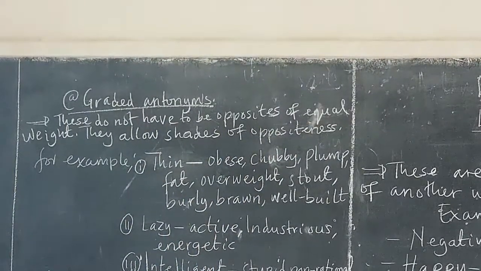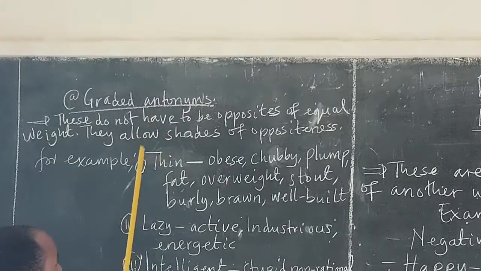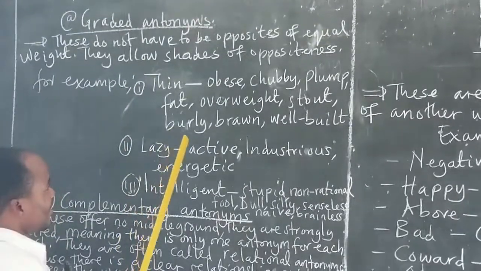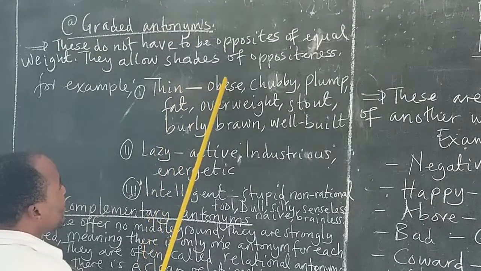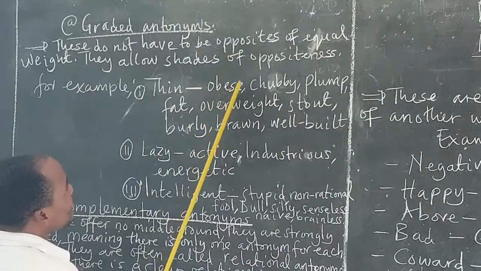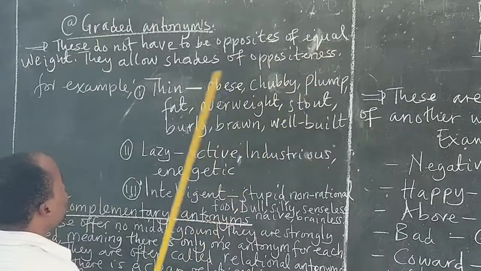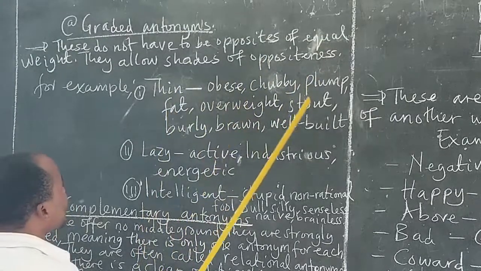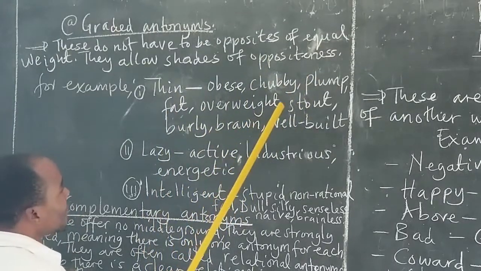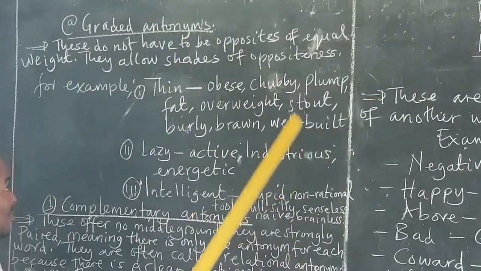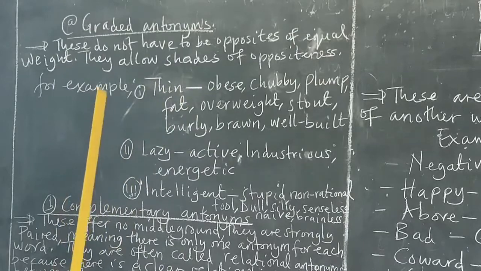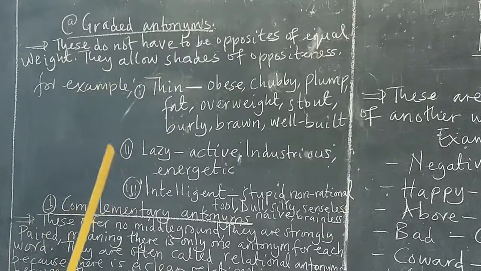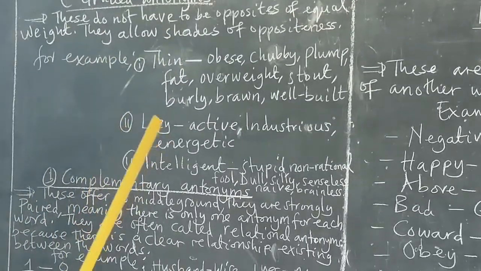For example, we have the word thin. The opposites of the word thin are obese, chubby, plump, fat, overweight, stout, burly, brown, well-built. So these are the opposites of the word thin. The second one is lazy.